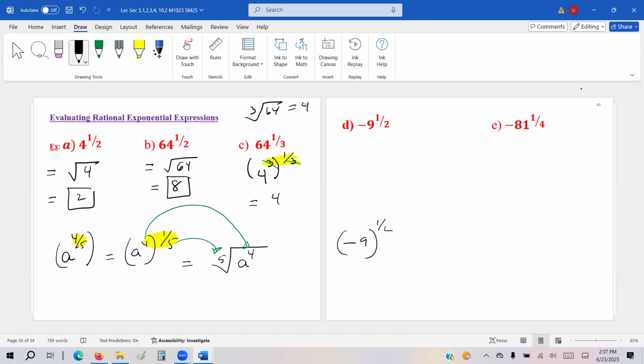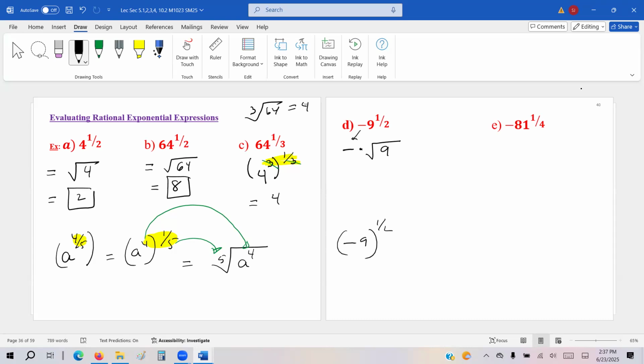Are they the same? You have a parenthesis, everything inside is your base. If you don't have a parenthesis, it means it's a multiplication. So it's negative times, and for 1/2 power, it's better to rewrite as square root.